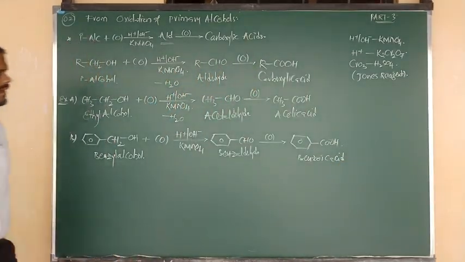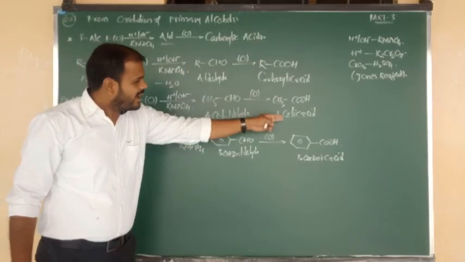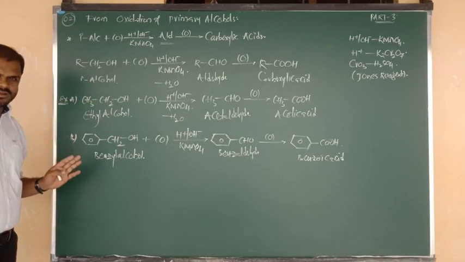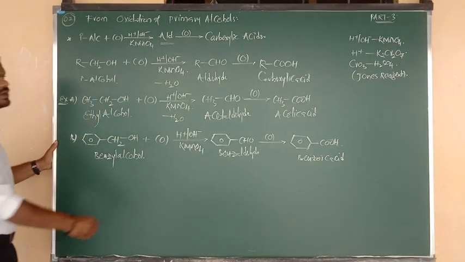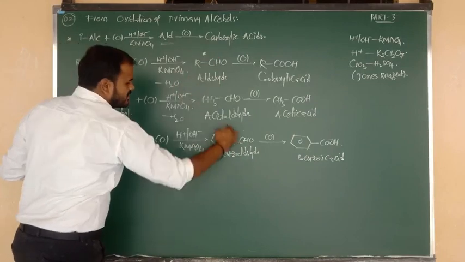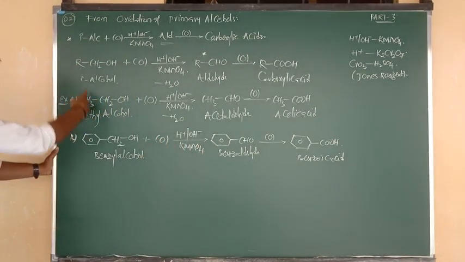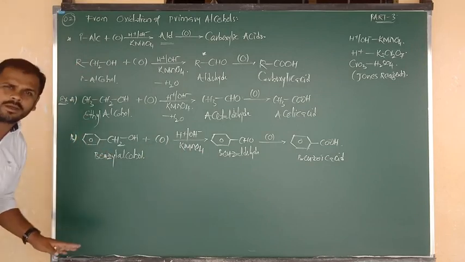Benzoic acid. In that manner we can prepare carboxylic acid, aliphatic acid and aromatic acid from the respective primary alcohols. In all these three reactions, the intermediate unstable form is the aldehydic product, finally the carboxylic acid, and the starting reactant is a primary alcohol. Ethyl alcohol and benzyl alcohol are both primary.